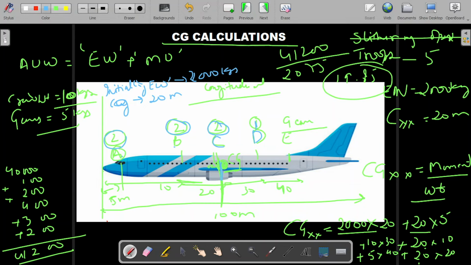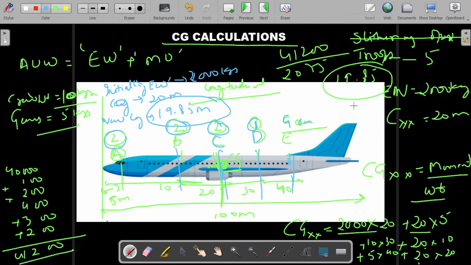Then there is 1 crew sitting at the Delta point, which is 30 meter from the reference, and then there is gear, which is of 5 kgs, which is positioned at Echo, which is at 40 meter. So the new CG with all this weight is 19.85 meter from the reference point. So that's how the CG is getting calculated.